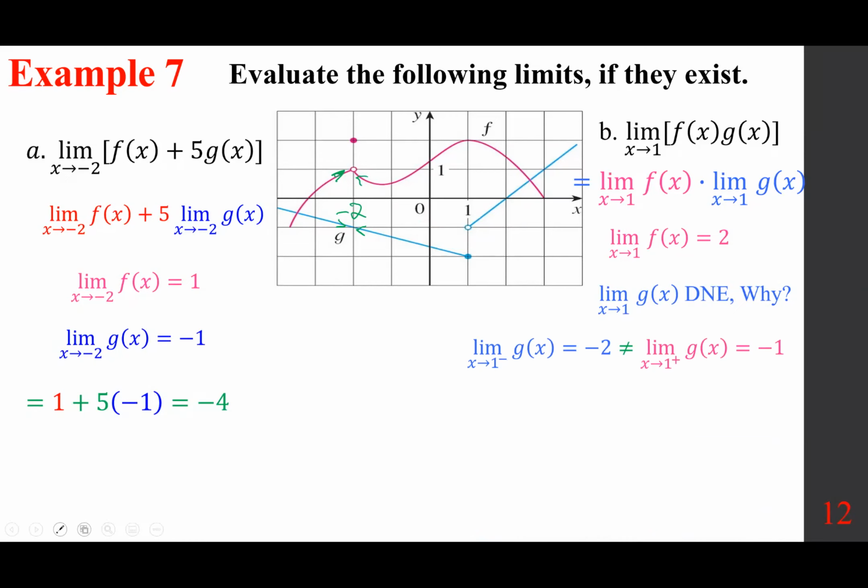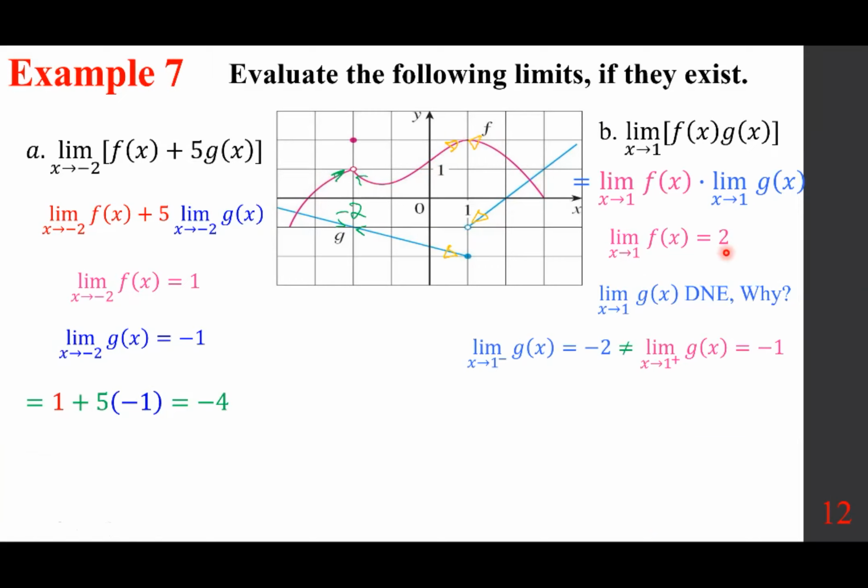I want to make sure we understand this. For the red function, we are going this way. For the blue function, we are going that way. Therefore, for the red function, both sides end up here having the same y coordinate, namely 2.